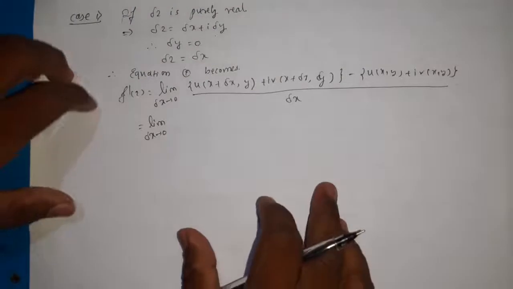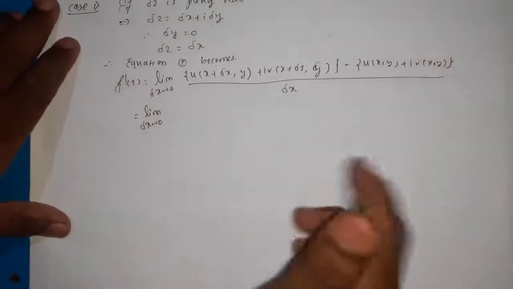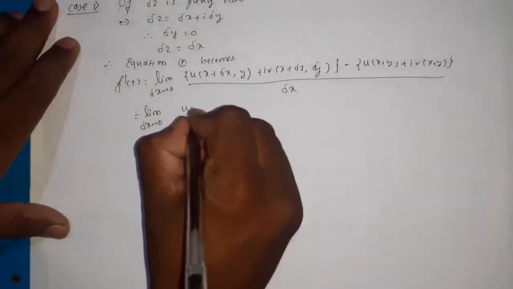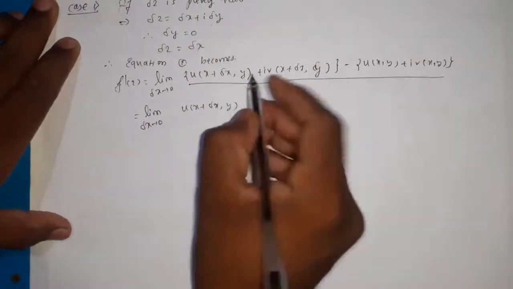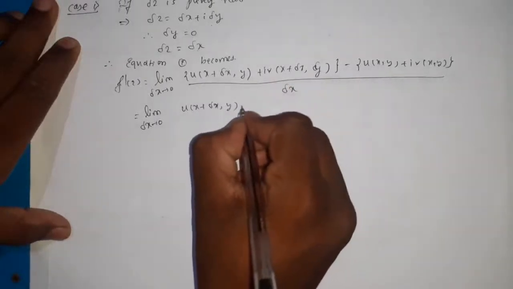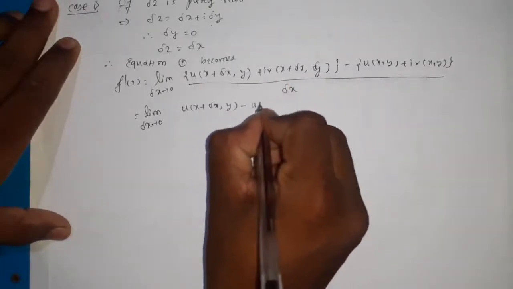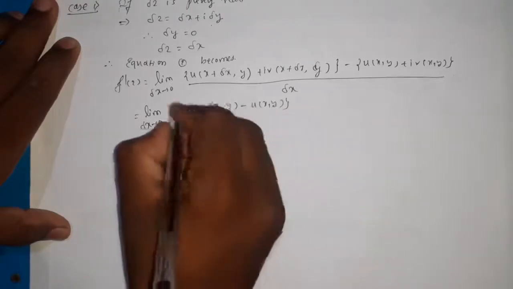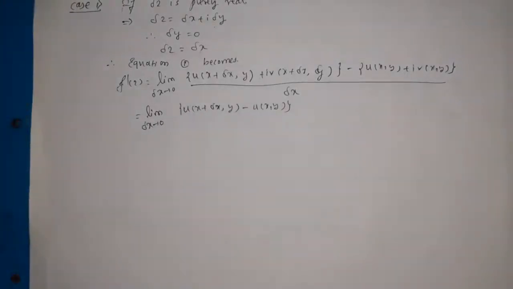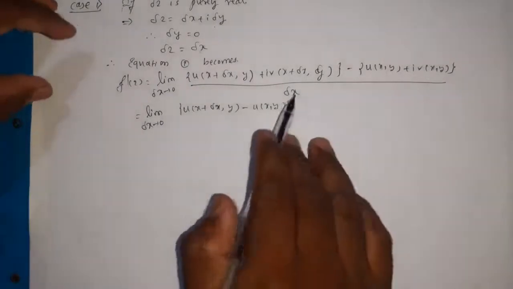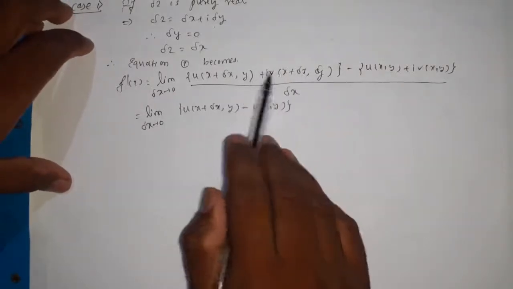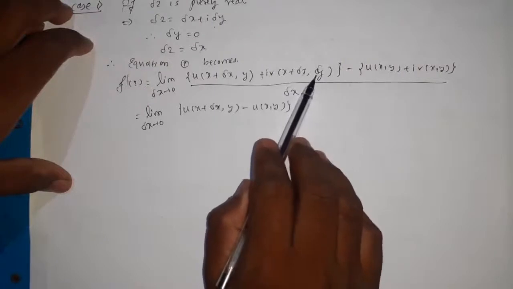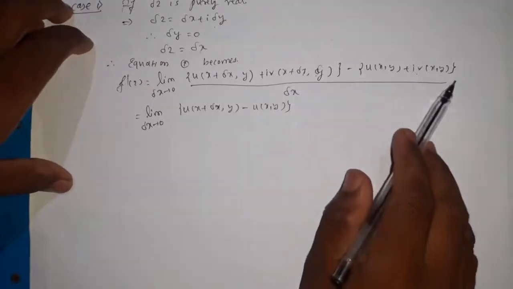So, now separating the real and imaginary parts in the numerator, this is u of x plus delta x comma y, and here one more part is there, that is u of x comma y. So it is the real part, means which is independent of I, and here two terms are multiplied by I. One is I into v of x plus delta x comma delta y, and here it is I into v of x comma y.